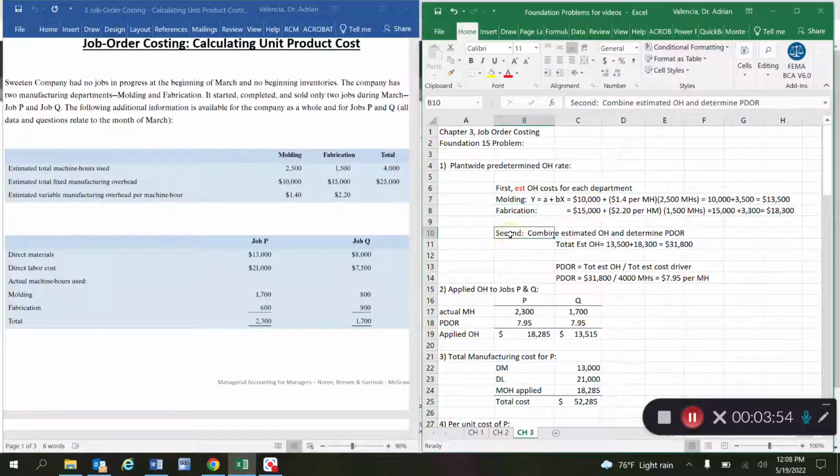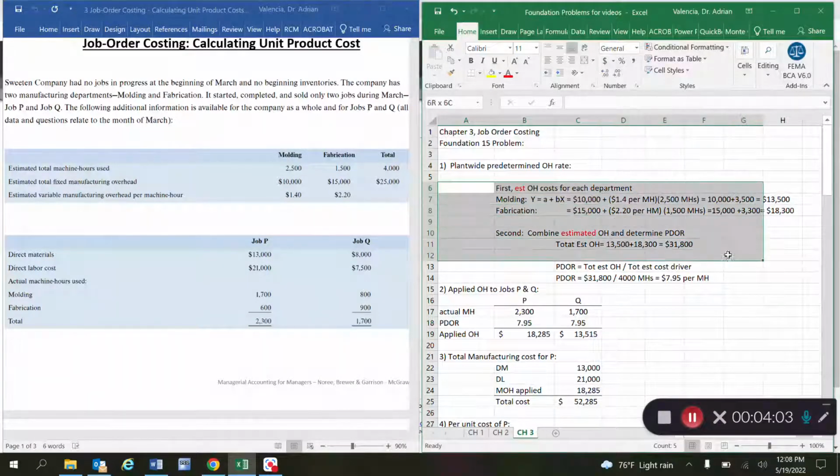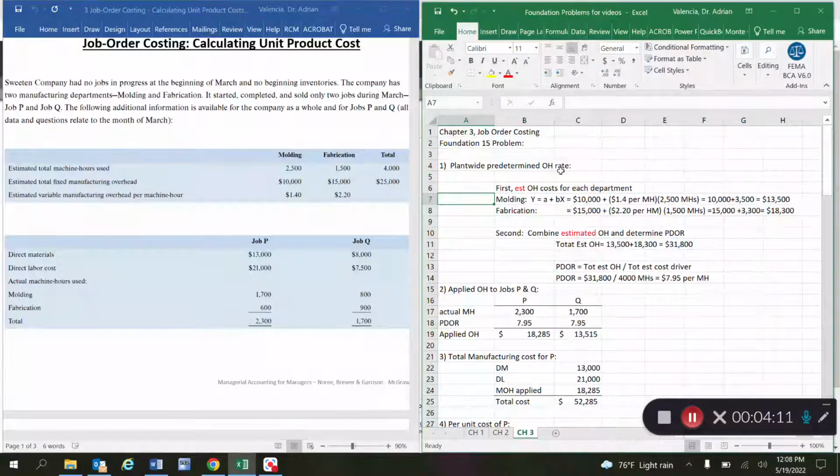So on purpose here, I'm going to highlight this in red because we do not know the actual information. If we knew the actual information ahead of time, we would never do an estimated overhead rate. The issue here is we want to do this estimated overhead rate so that we have a rate that we can apply to products as we make them.